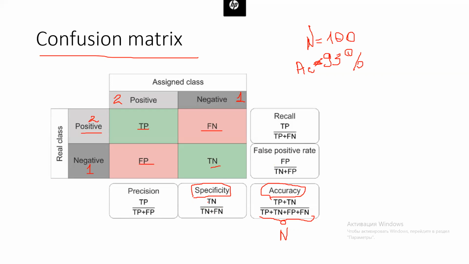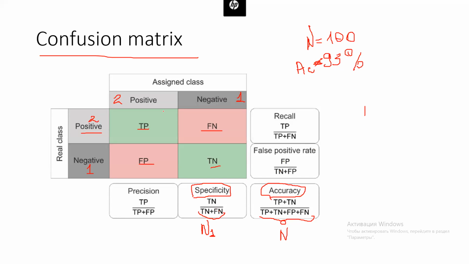You take true negative values and divide by the total number of objects from the first class, and the same with false negative, sorry, false here should be false positive. So there are several variations. It will be the false positive rate. Okay, I just write it here.